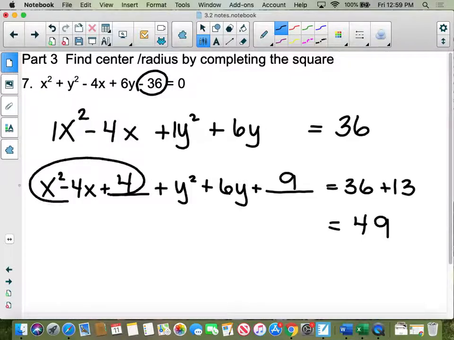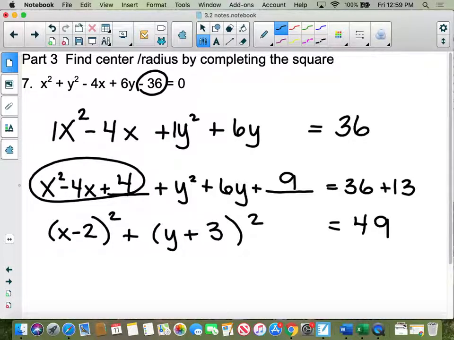How do you write this as a perfect square? Isn't it x minus 2, squared? And how do you write this one? y plus 3, squared. Is it set up exactly in the form of a circle equation? So if they ask you on the test, what's the center?